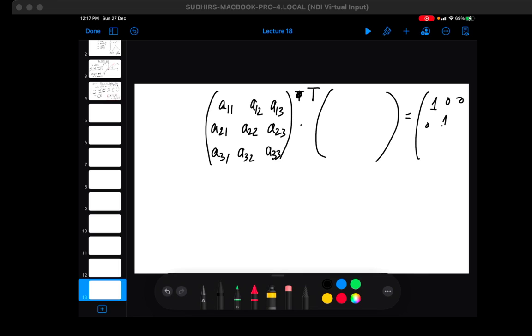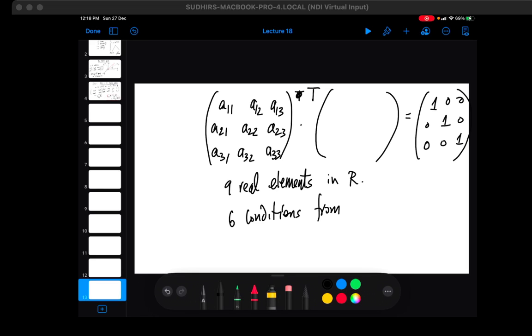If you make this kind of approach, this gives you the conditions. So these are 9 matrix elements, and this gives me 6 conditions from orthonormality. So that gives me 3 free parameters.